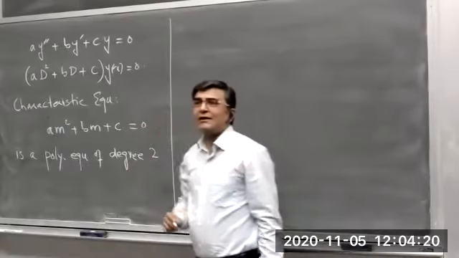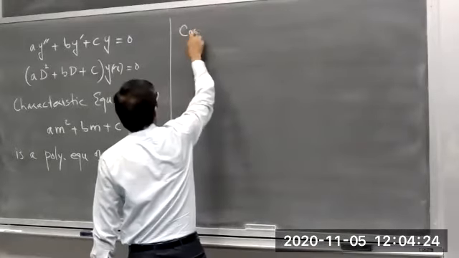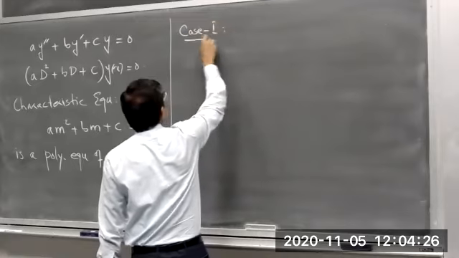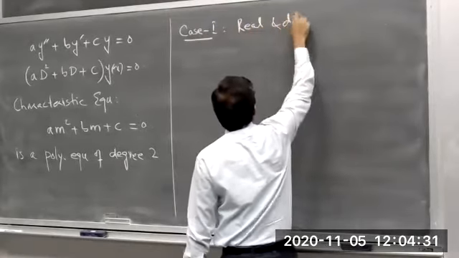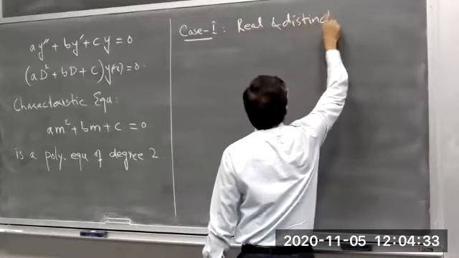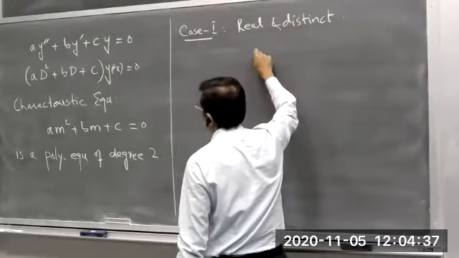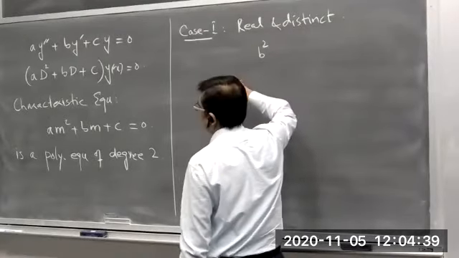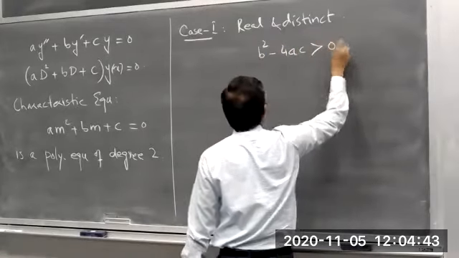We discussed 2 cases in the previous lecture. Case 1, when the roots are real and distinct. In this situation, b square minus 4ac must be greater than 0.